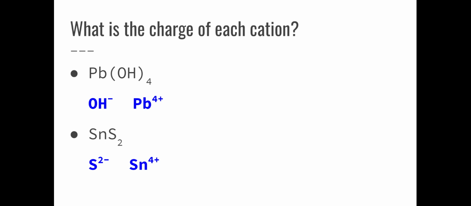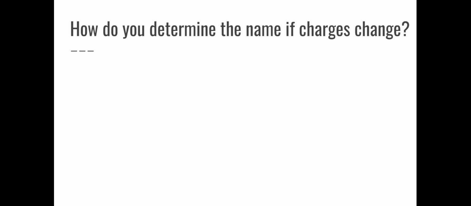So I just jumped to the answer key. There it is. 4 plus. Excellent. There's a technique called crisscross for working out the values of the subscripts, but I don't think we'll get there today. Instead, we have to deal with writing the name correctly.